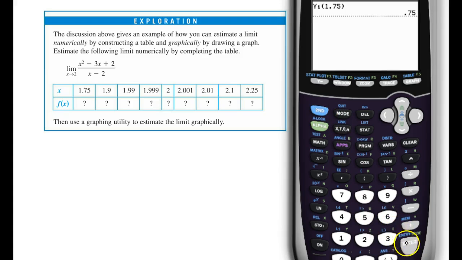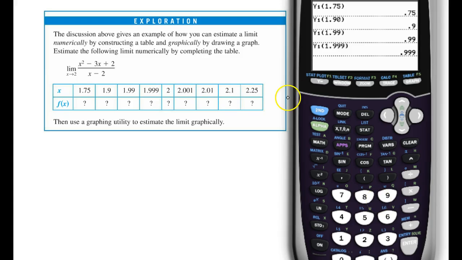Now I'll go second enter and replace that 1.75 with 1.90, and we get 0.9. Okay, second enter, replace 1.90 with 1.99, and we get 0.99. And go second enter, replace 1.99 with 1.999, and we get 0.999.